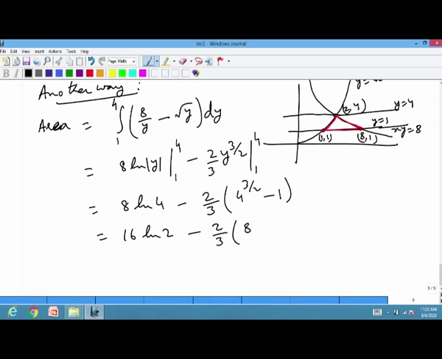So, this is 8 minus 1. So, 16 log 2 minus 14 by 3.